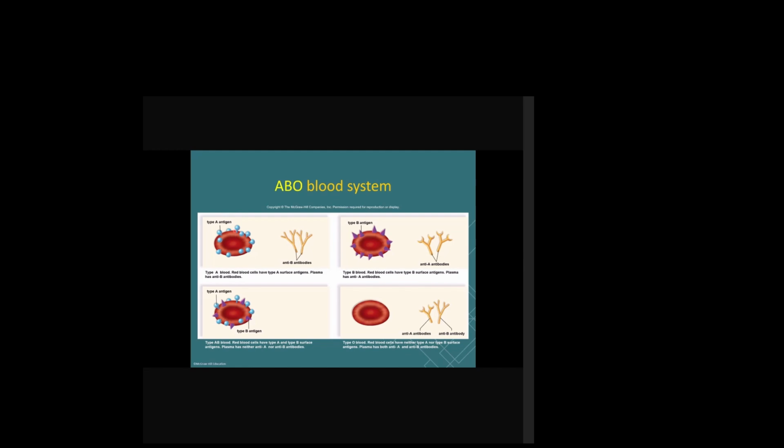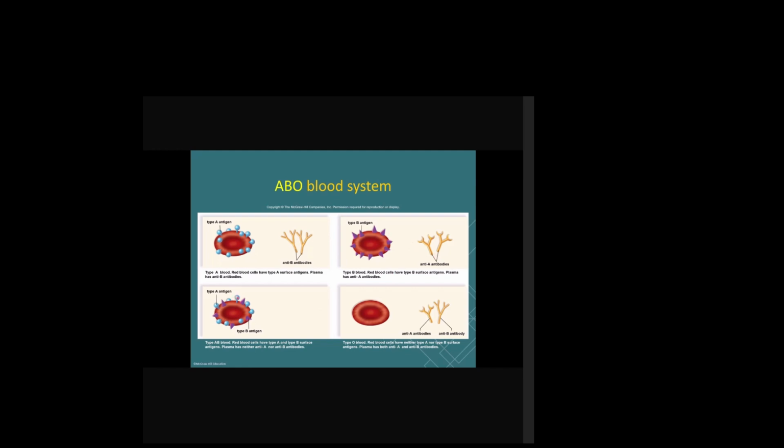So if you have a blood type, you would have antibodies against those that you've never seen. Somebody with blood type A will have antibodies against B. Somebody that is blood type B would have antibodies against A because they don't have those antigens.